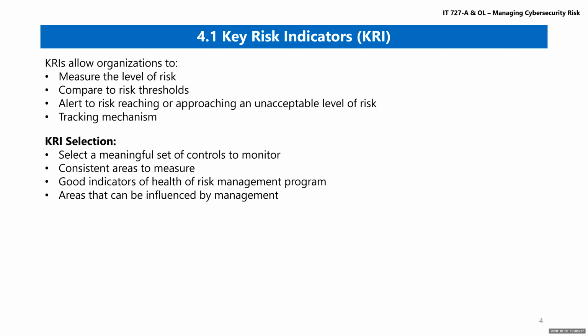Good indicators of health from a risk management program. Again, similar to that one, indicators could differ, right? I mentioned earlier that one indicator for the gas tank could just be: this is full, and this is your gas at low. But that's it. You only have a stick, no additional information.